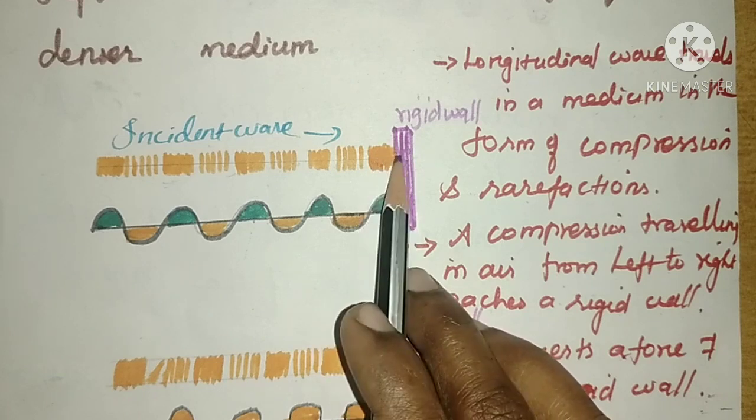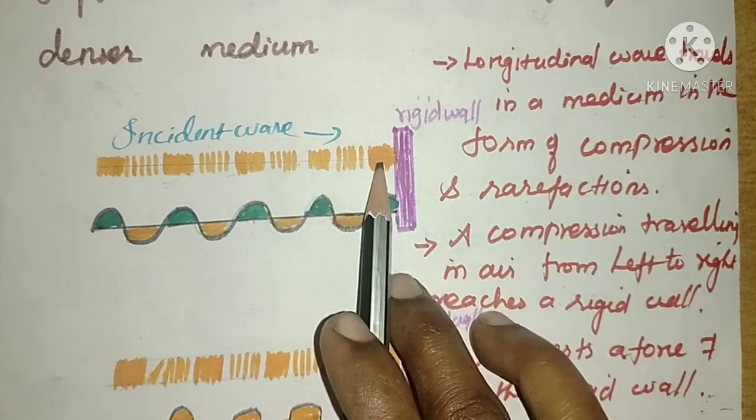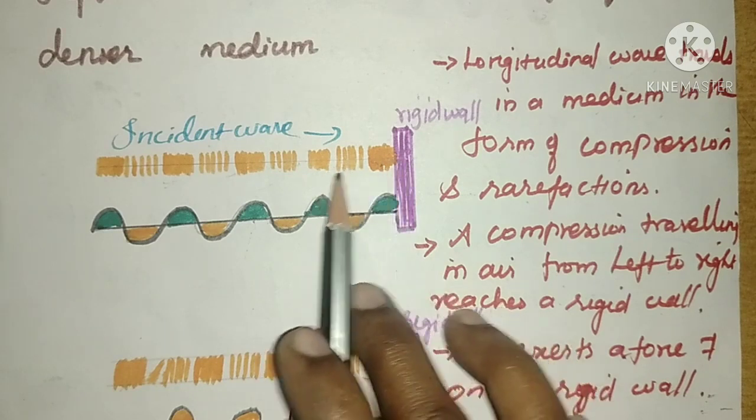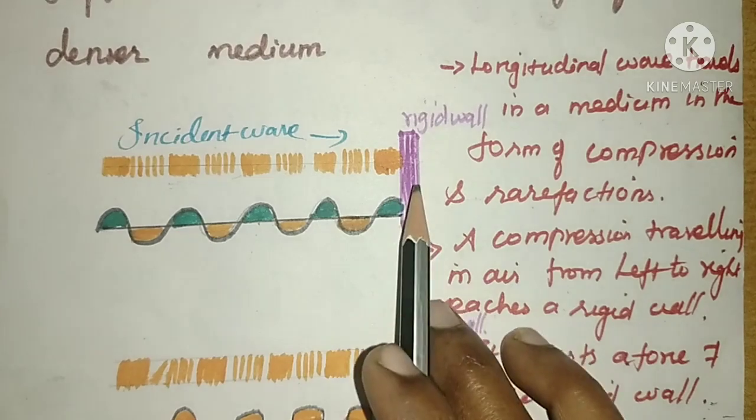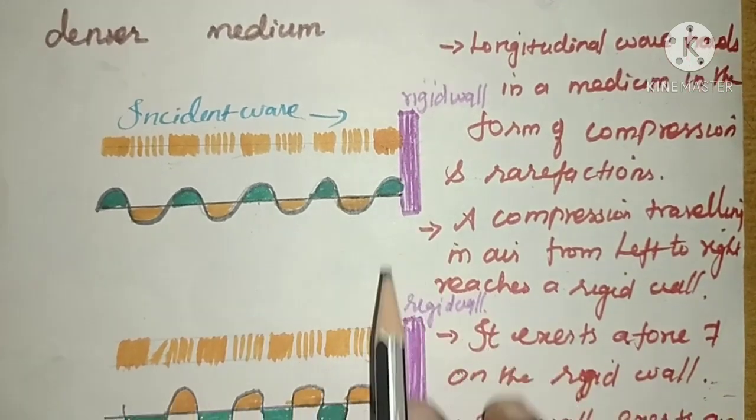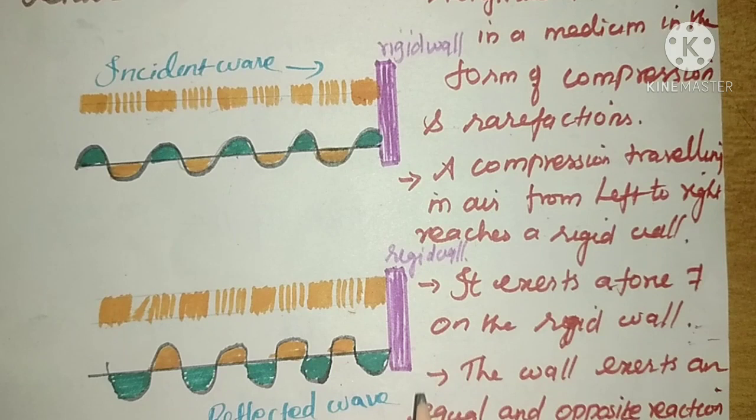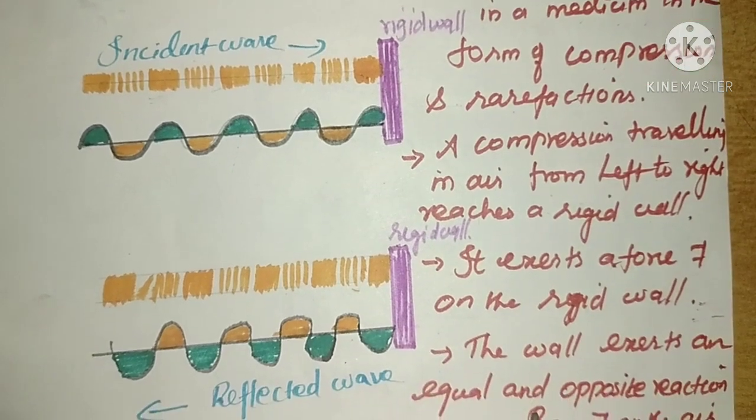So while it is traveling, it reaches the rigid wall and exerts a certain force on the wall. Now the wall will also exert the opposite force. The wall exerts an equal and opposite reaction force.